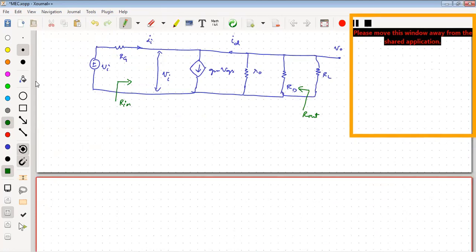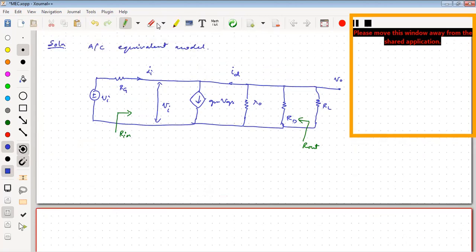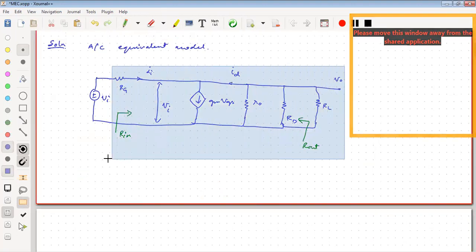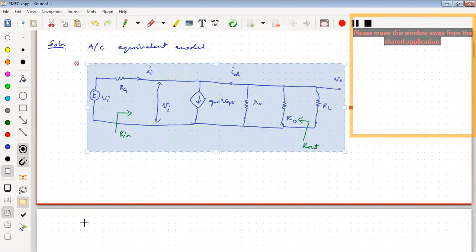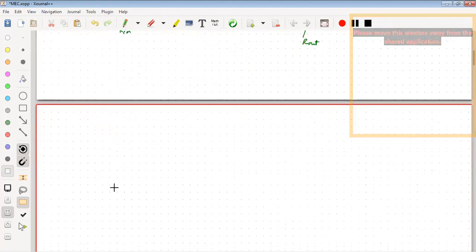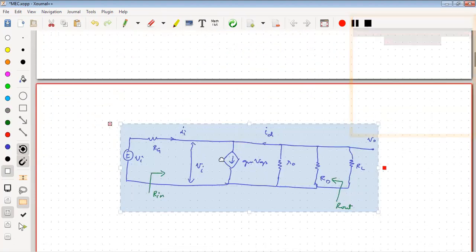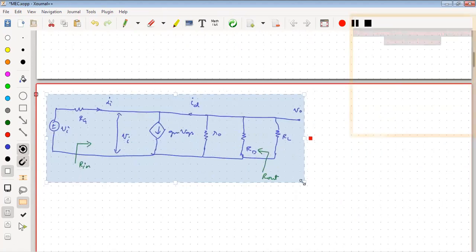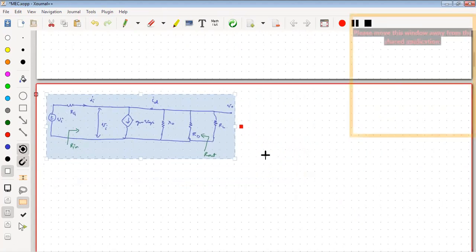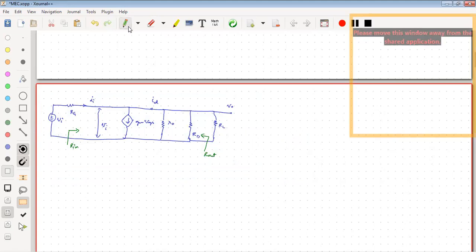First, note down the drain current equation.